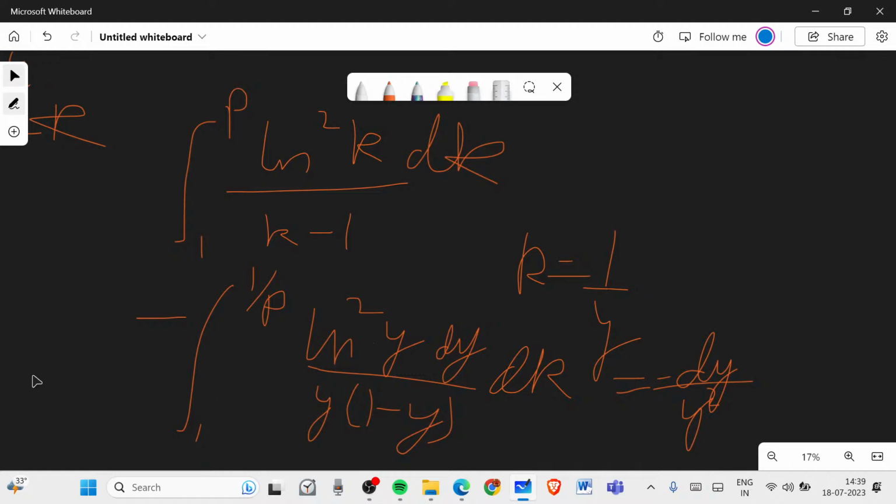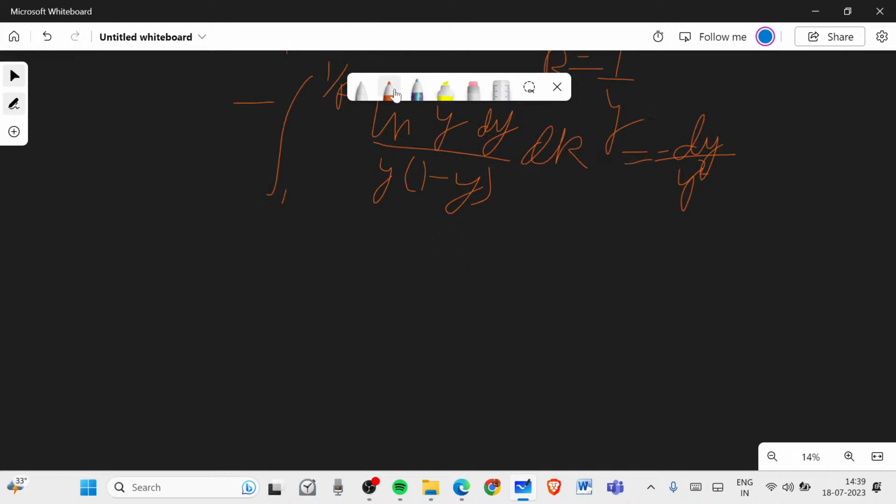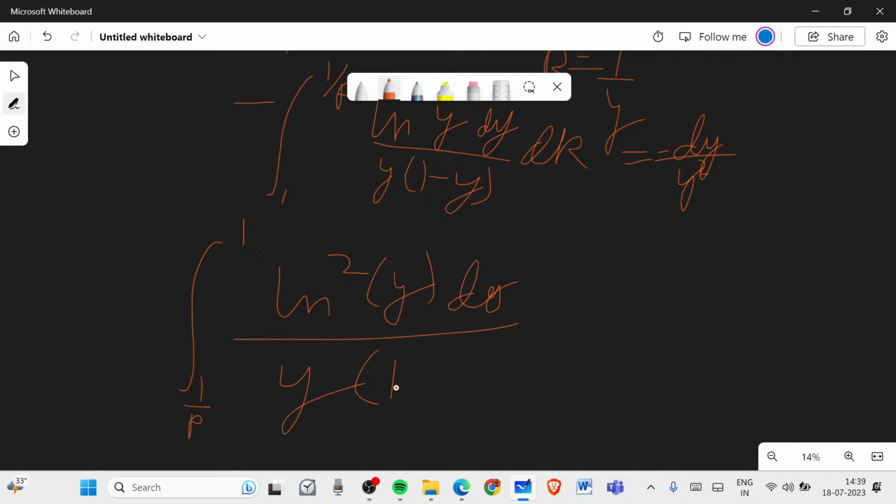And yeah, we can even reverse the limits using the fundamental theorem of calculus. 1 by p to 1 ln square y dy by y 1 minus y. So what I was saying, that we integrate this thing and differentiate this thing, but you will get a very ugly thing.